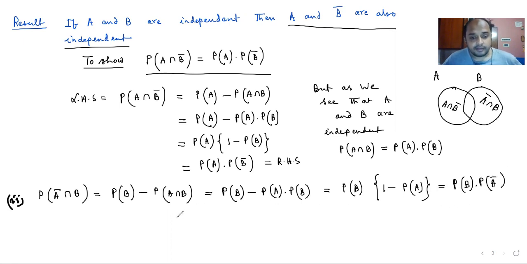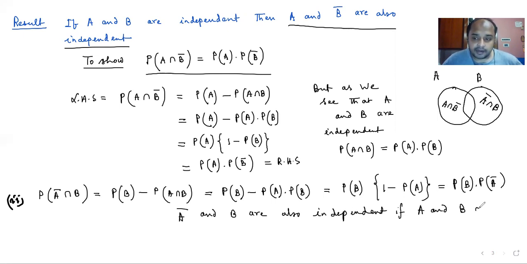So you see, A bar and B are also independent, if A and B are independent.